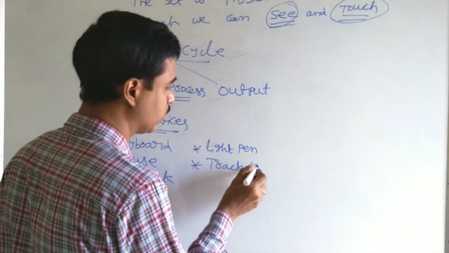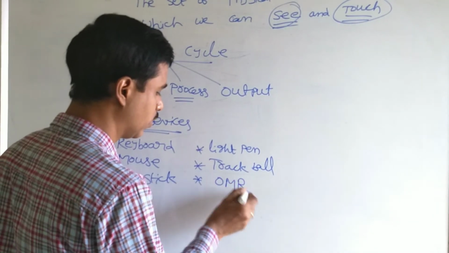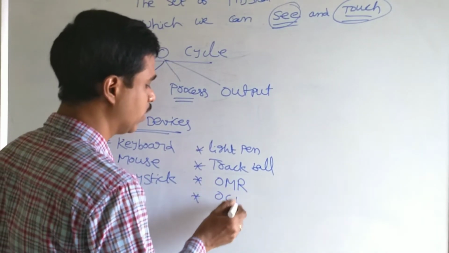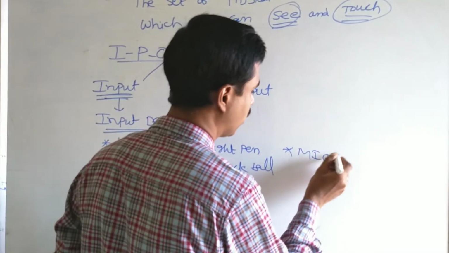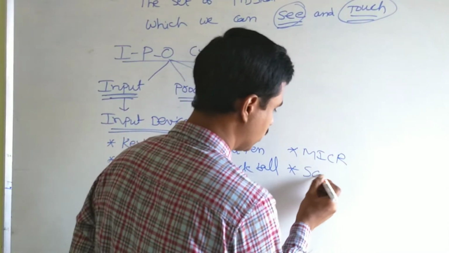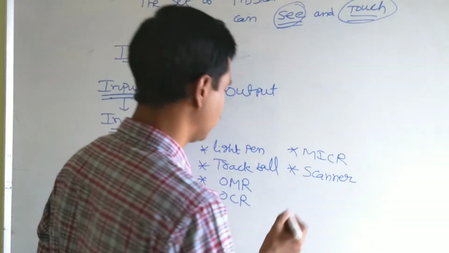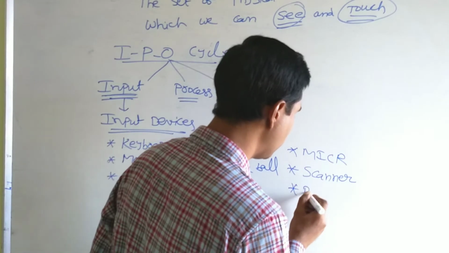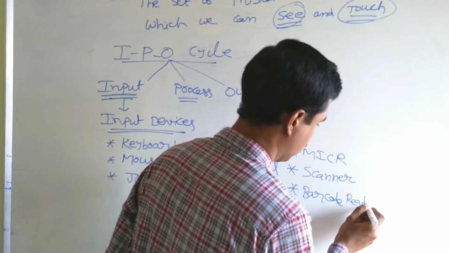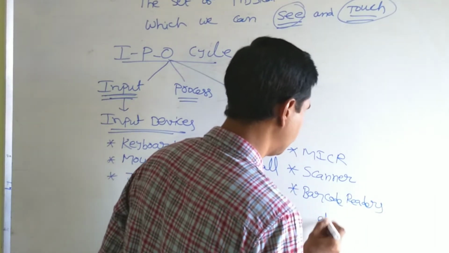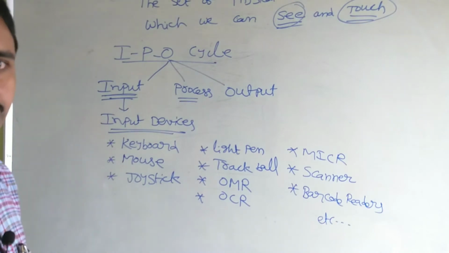All these are input devices only. OMR, OCR, MICR, scanner. Scanner is also an input device. Barcode readers, etc. These are some of the examples of input devices.